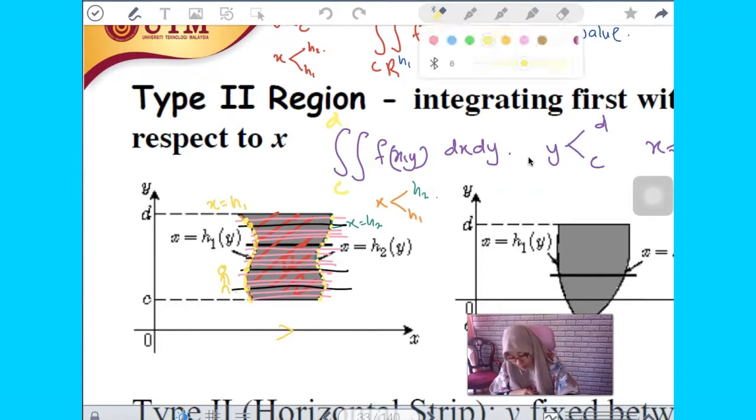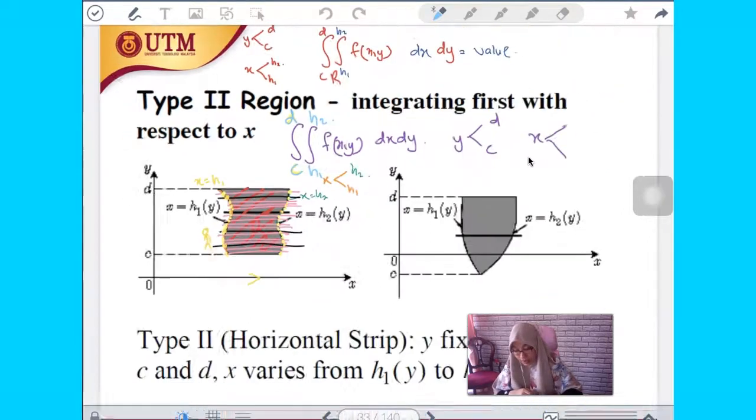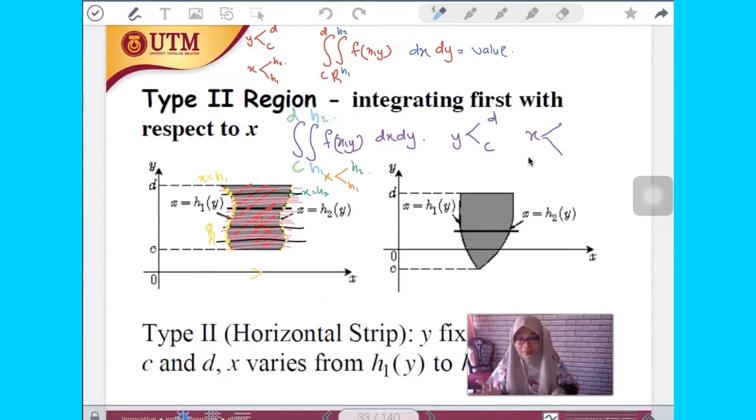You can see that, right? So c to d, and then the limit of x is h1 to h2. The same process, the same technique.